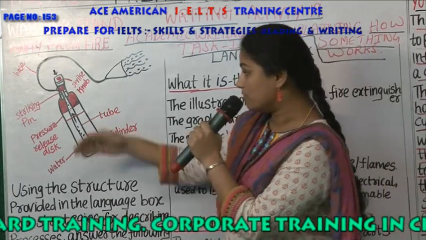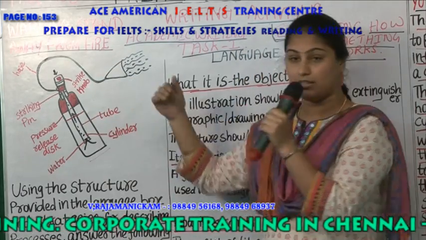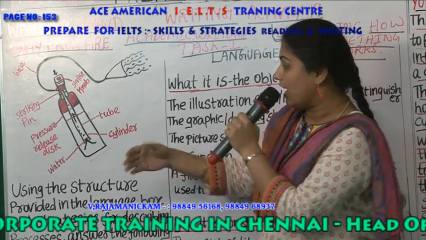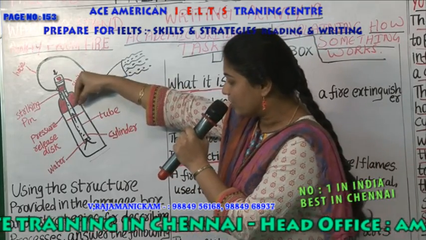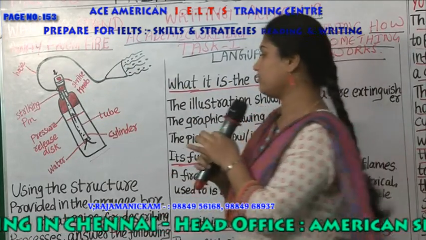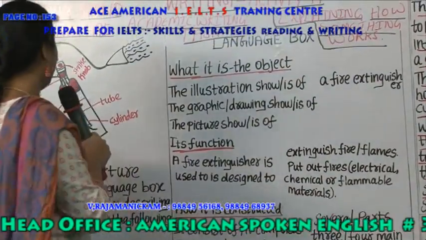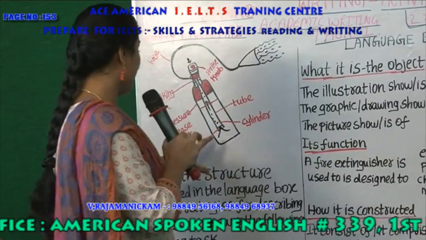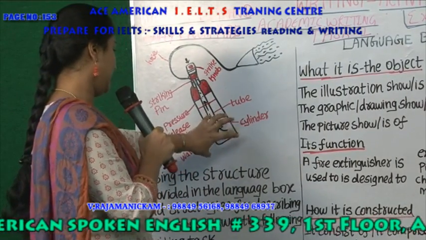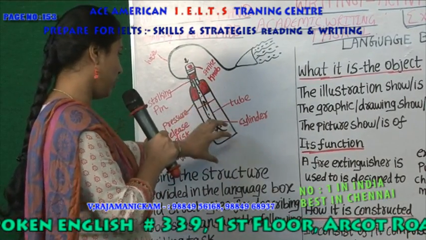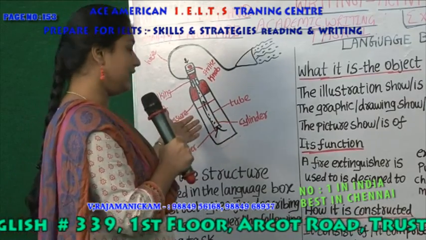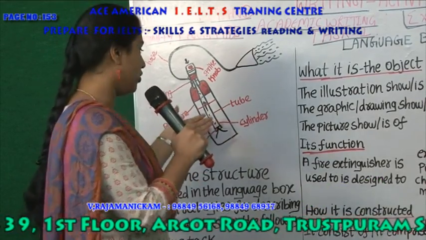When the strike knob is pushed down, it strikes the pin and it releases the pressure release disc. It is mainly filled with water, and it is filled with pressurized powder and carbon dioxide.